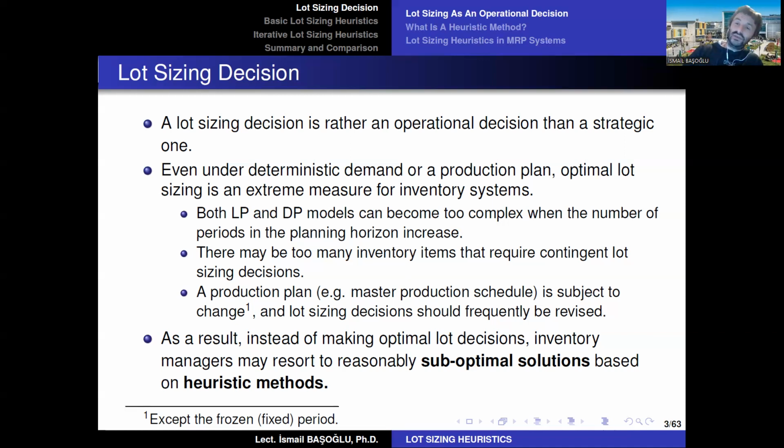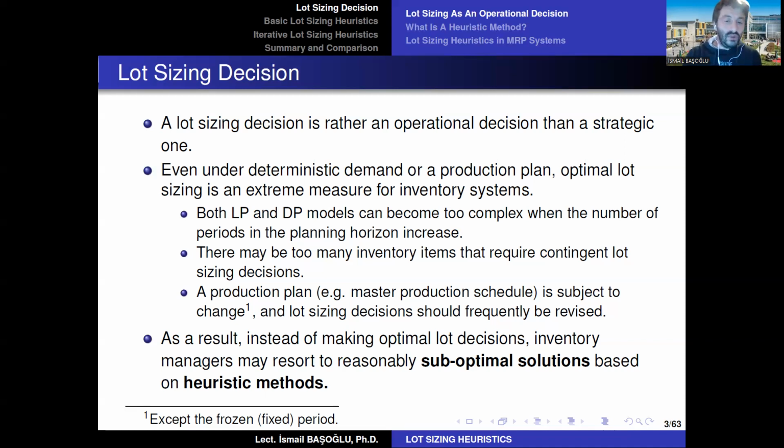And these are usually subject to change whenever a new order is introduced by any customer of ours, then we need to update our master production schedule or the production plans. That means we need to revise our load sizing decisions every once in a while. And if we are going to revise this decision every once in a while, it is not a good idea to consume so much time for this revision, right?